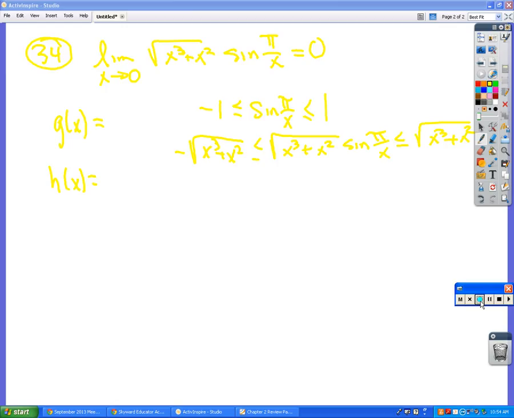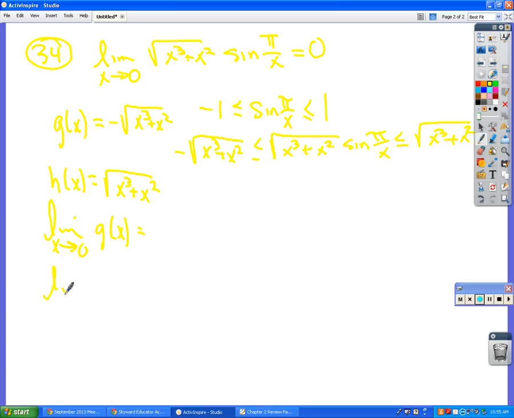So that means our function that's going to be below is g of x, which is negative square root of x cubed plus x squared. And the one above it is h of x, positive square root of x cubed plus x squared. We need to figure out the limit as x approaches 0 of g of x and of h of x.